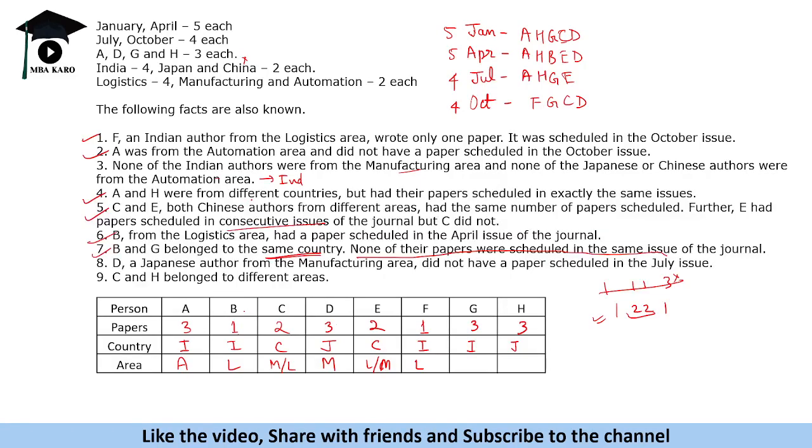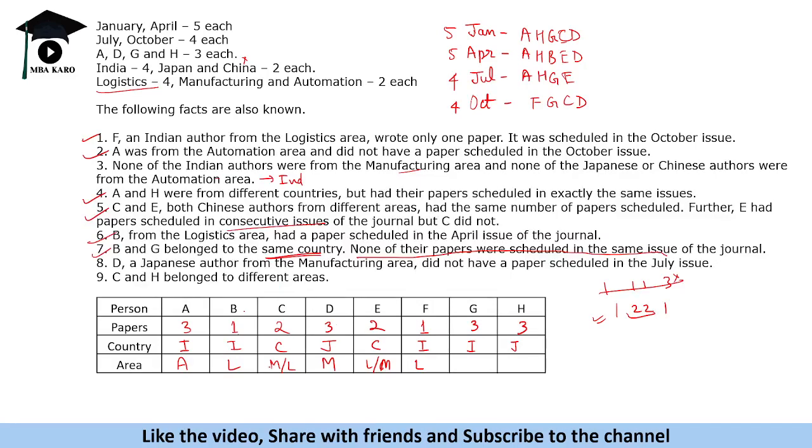C and H belong to different areas. So we need to fill the areas of these two people and confirm about C and E also. All right, so we have four in logistics, manufacturing and automation two each. Four in logistics. So two in logistics are done, three in logistics are done. C and H belong to different areas.